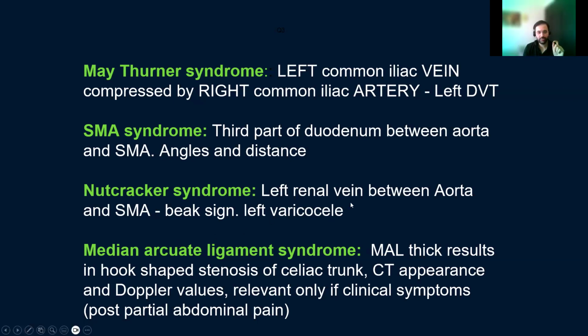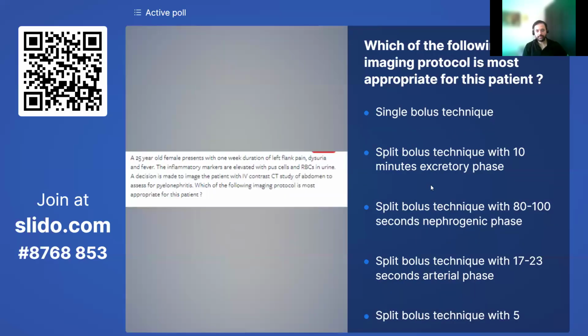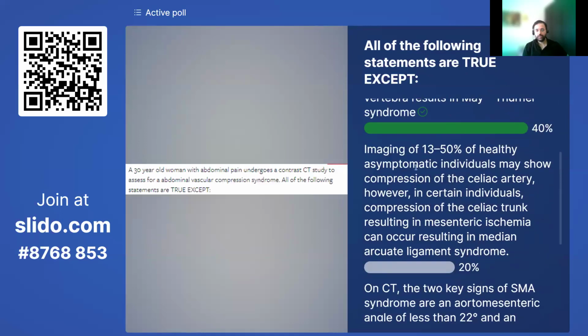And then you finally have the median arcuate ligament syndrome, where we all have a median arcuate ligament, but only when it is thick, say more than 6 millimeters, does it cause compression of the celiac trunk. Now, the question stem says that 30 to 50% of asymptomatic individuals can show compression of the celiac artery, which is a true statement, because this thickening by itself does not mean that the patient has median arcuate ligament syndrome.